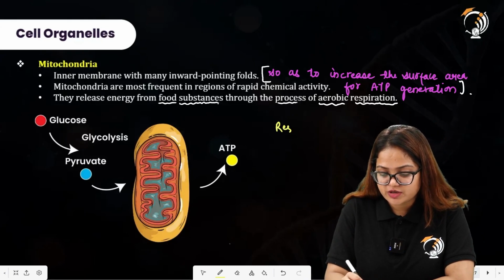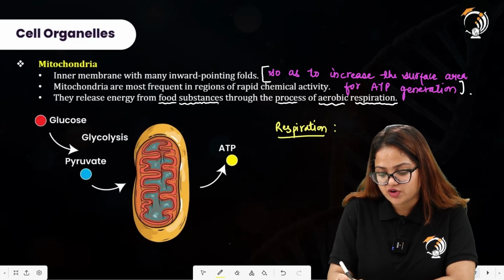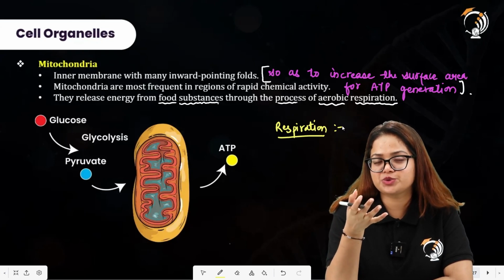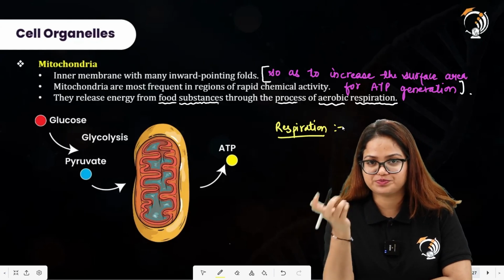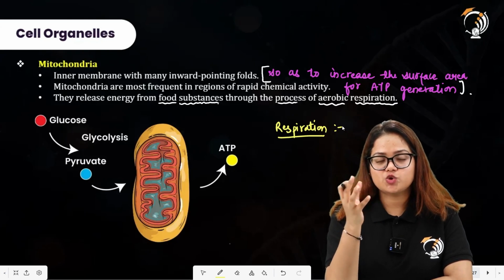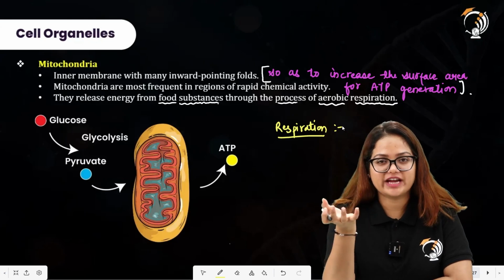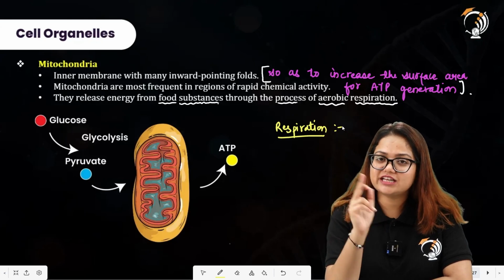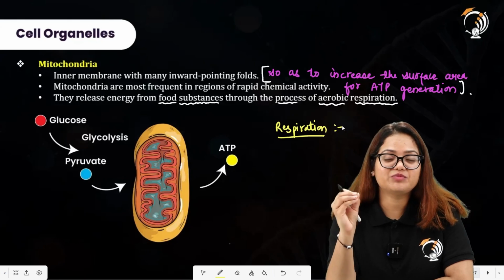Respiration is a process in which you get the stored energy released from the bonds of the food molecules, and this process occurs in two ways. Either you can utilize oxygen for that process to release energy, or you can carry out this process in the absence of oxygen as well. By utilizing oxygen to break down the chemical bonds of carbohydrate molecules, this process occurs in the mitochondria, and since it requires oxygen, it is an aerobic type of respiration.